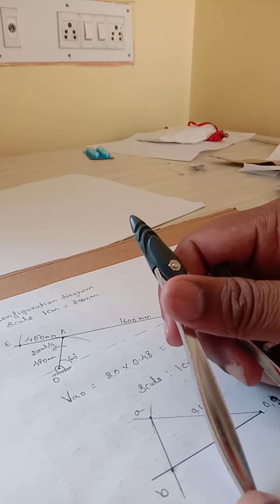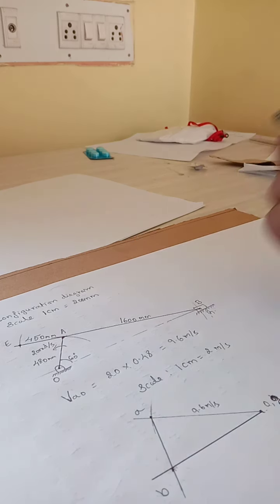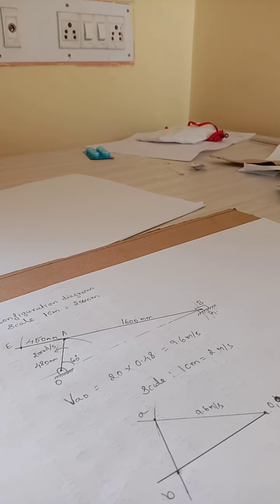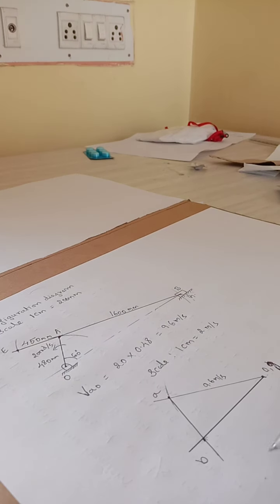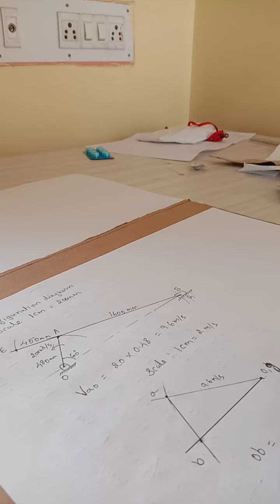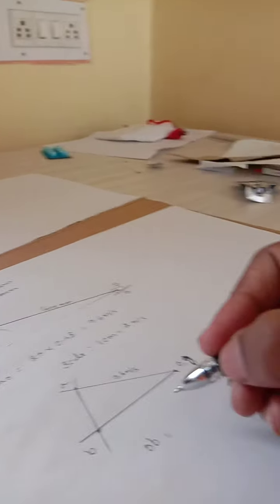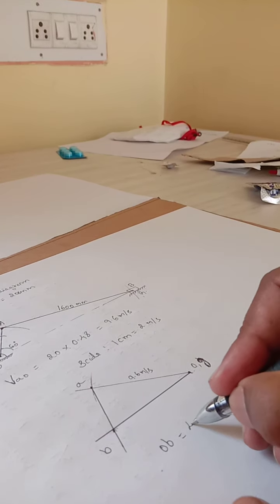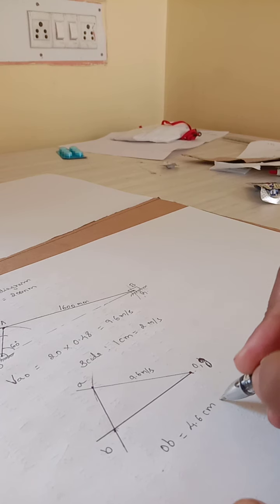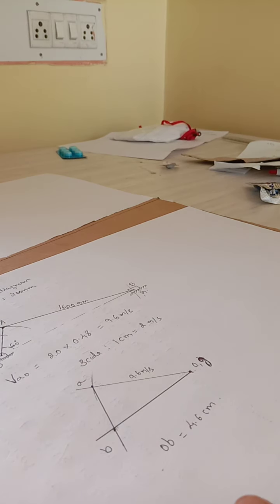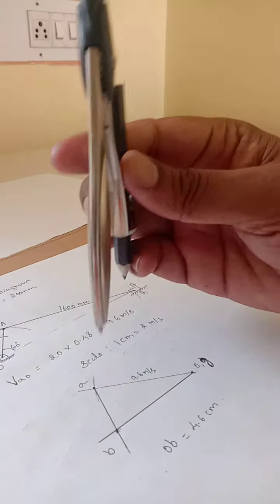So I am getting 4.6 centimeters. OB is equal to 4.6 centimeters.